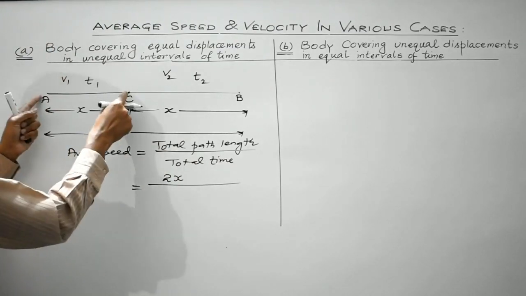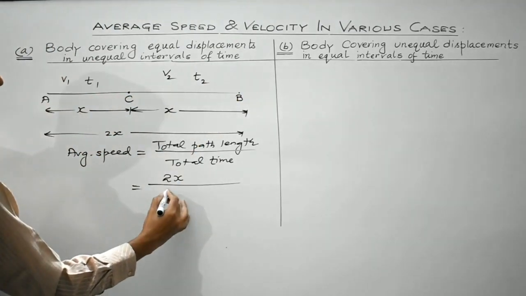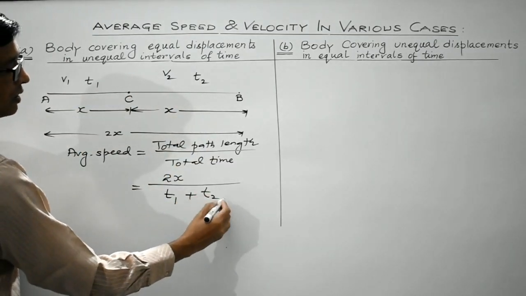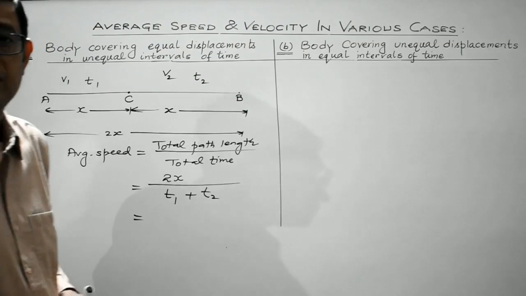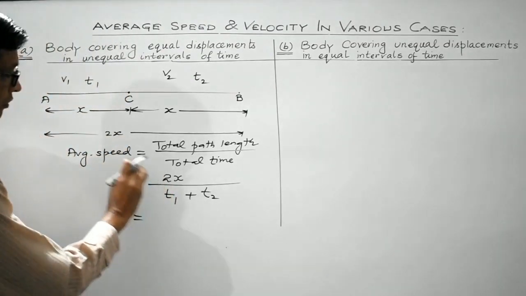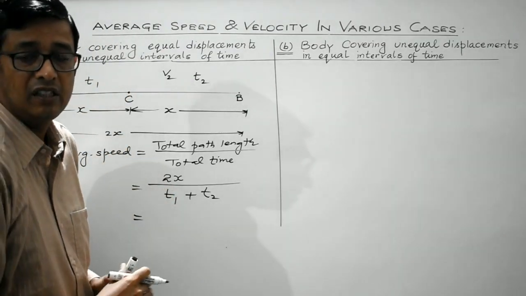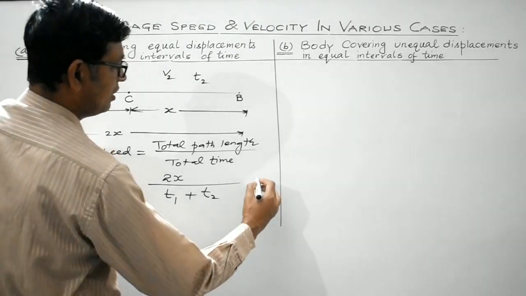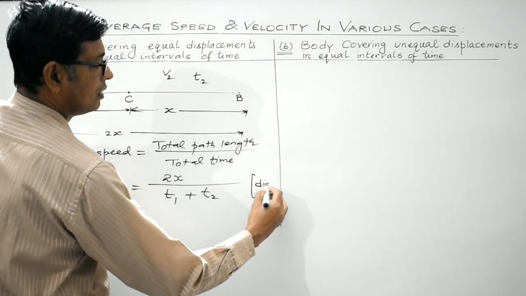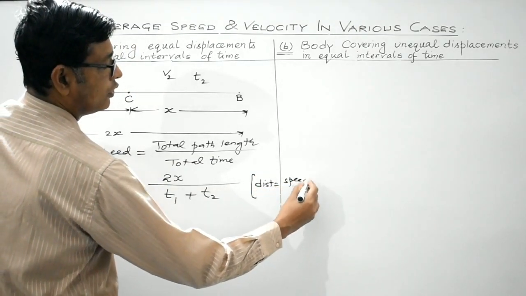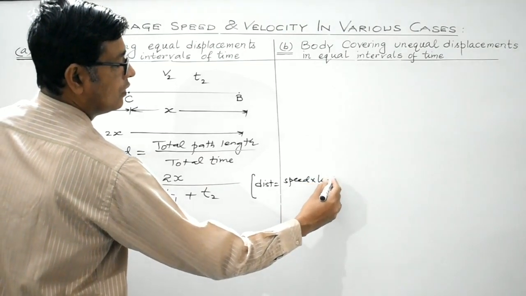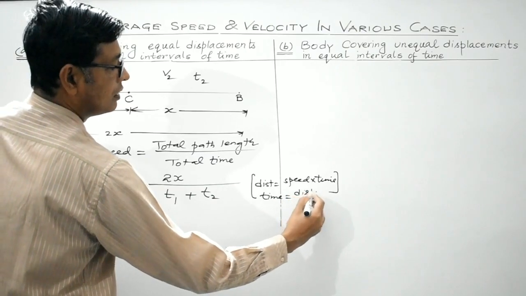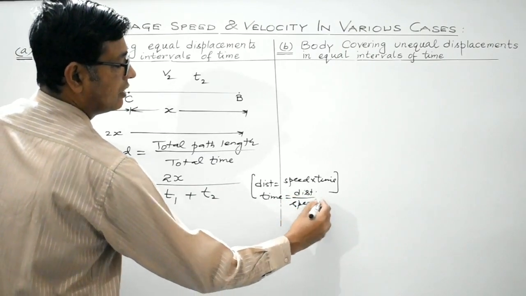The total time taken is t1 plus t2. Am I clear? Now suppose we need to express the average speed in terms of v1 and v2. We are aware of the basic formula: distance is equal to speed into time. That is, time may be written as distance divided by speed, isn't it?